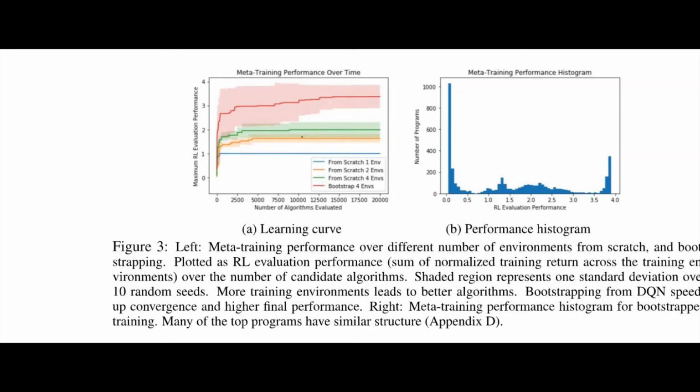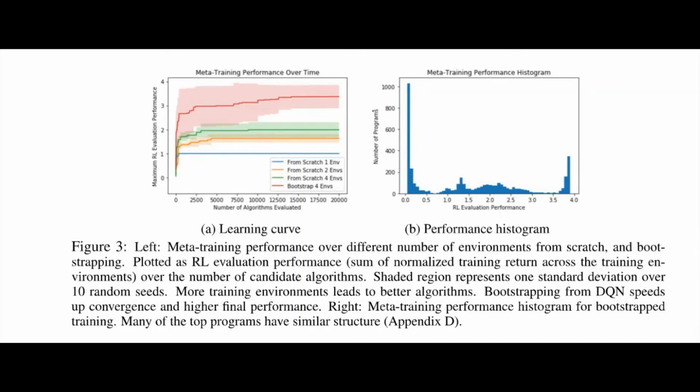So as you can see, as we increase the number of environments, we can increase the performance, I guess. And the red line here shows the bootstrapped one. So the red line actually bootstraps from DQN and it performs the best, and also its sample efficiency is pretty high. As you can see, it learns pretty quickly. So bootstrapping also helps in sample efficiency.